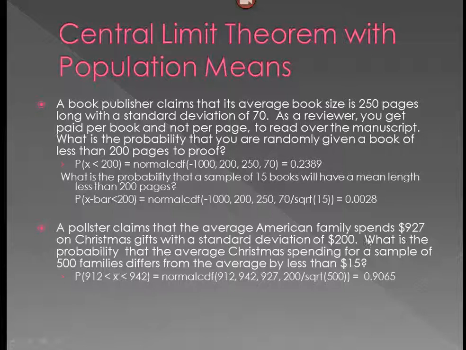So 68%, using the empirical rule, would be $200 less, which would put it at $727, and then to the right, if we went 200, we'd be at $1,127. That's only 68% of my population. But here, I only went to the right and to the left $15, but because we're talking about 500 families, the deviation is much less.